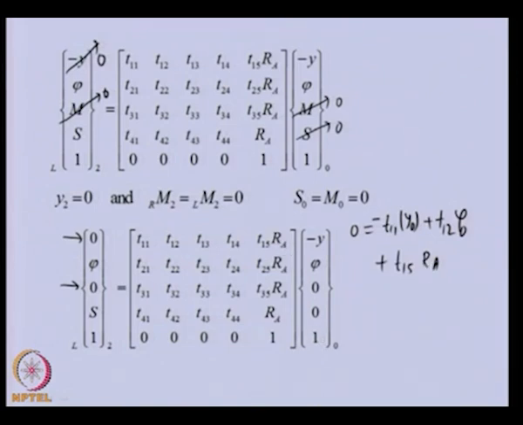So, this is Ra, and this is the first equation. Similarly, the third equation will give us another equation: T31 y0 plus T32 phi0 and then T35 Ra. So, this is the third equation.